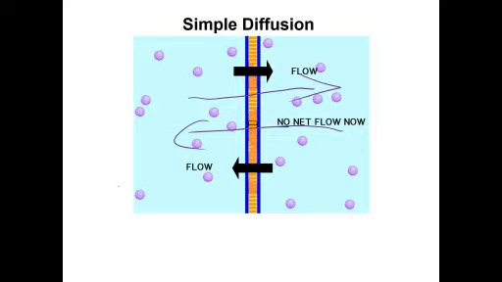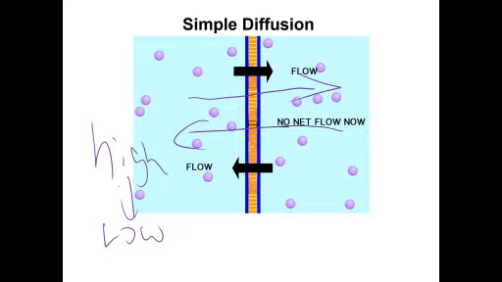So simple diffusion is a passive transport mechanism. Passive transport mechanisms involve the movement of substances down their concentration gradient. So you're always going to go from high to low concentration. This process requires no expenditure of energy by the cell.